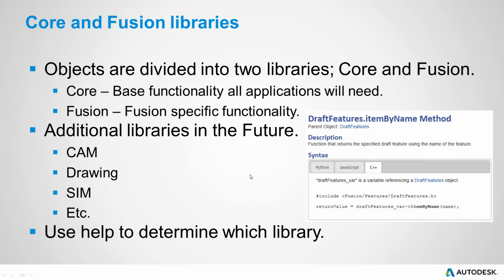But the way to find out what library something is in is to go to the topic for that function, and then go to the C++ tab for the syntax. On that, this include statement is going to have a path, and the first part of that path is which library it's in. So it's going to be in Fusion or Core.